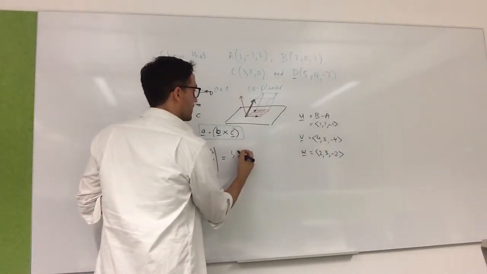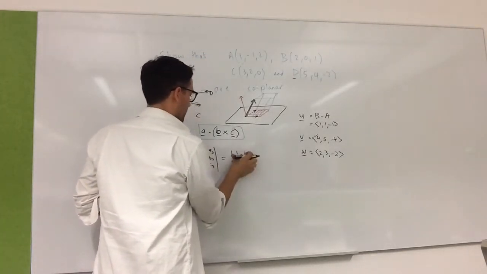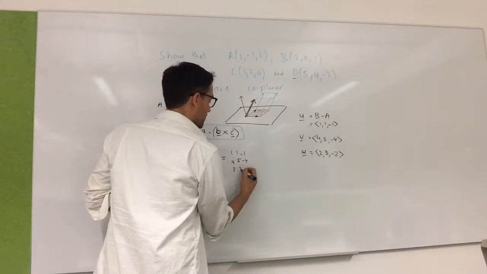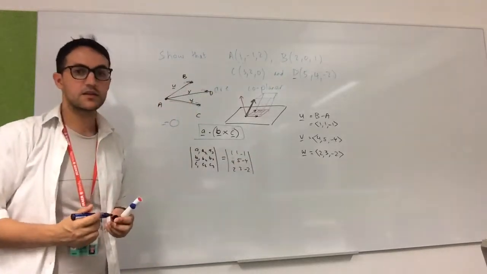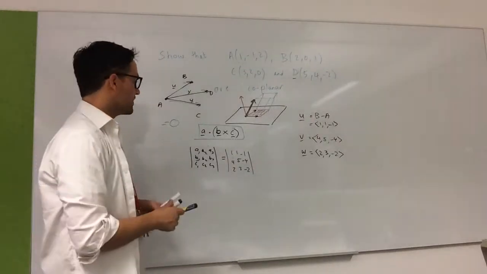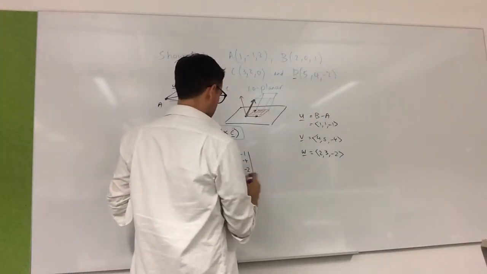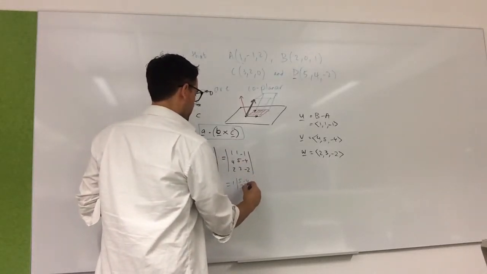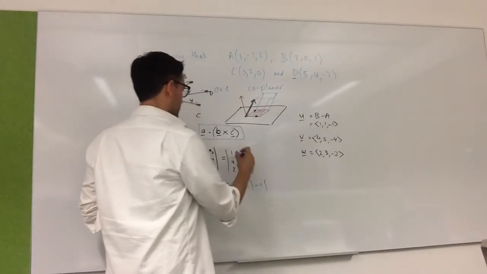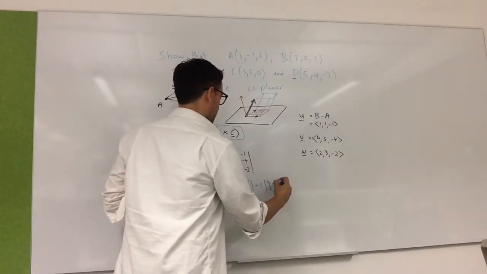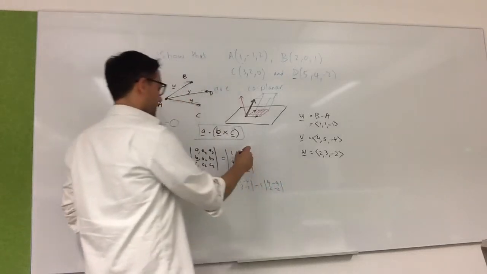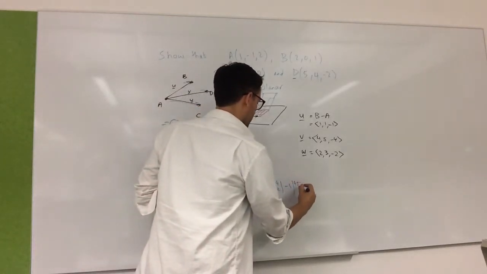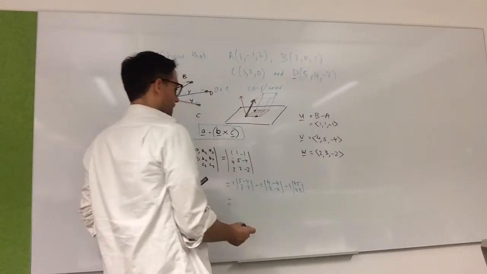So 1, 1, -1; 4, 5, -4; 2, 3, -2. And it's just going to end up being the matrix determinant of this. So this is going to be 1 times (5 times -2 minus -4 times 3), minus 1 times (4 times -2 minus -4 times 2), and then minus 1 times (4 times 3 minus 5 times 2).